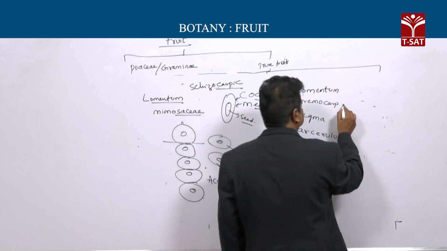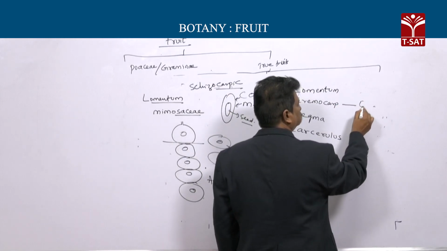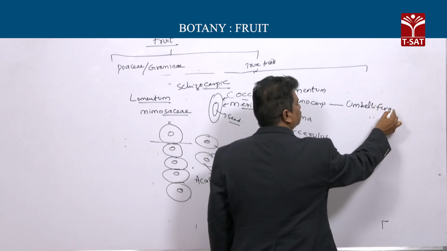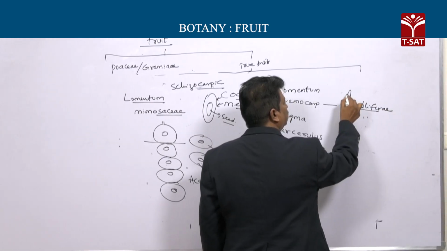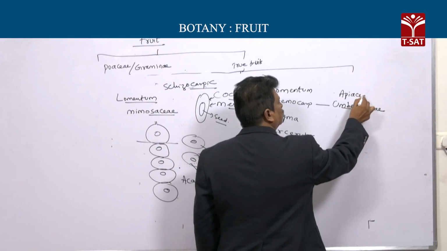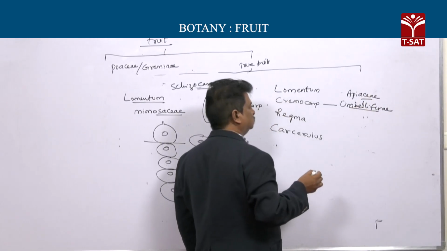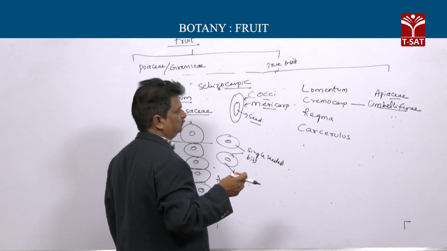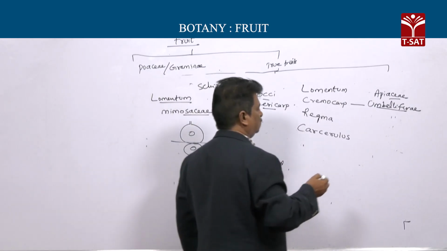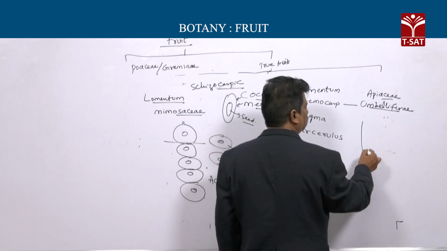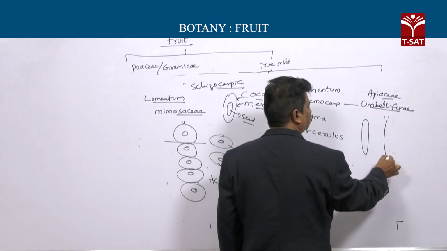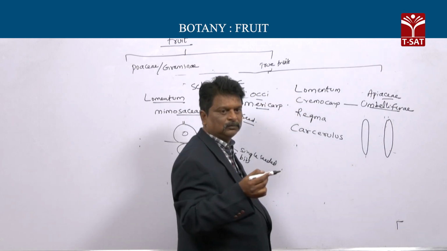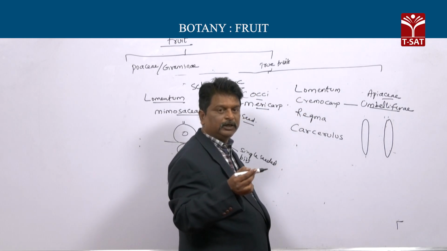Second one, Cremocarp. Cremocarp is a characteristic fruit of Umbelliferae, the old name, and the new name is Apiaceae. The fruit is developed from a bicarpellary, syncarpous, inferior ovary.